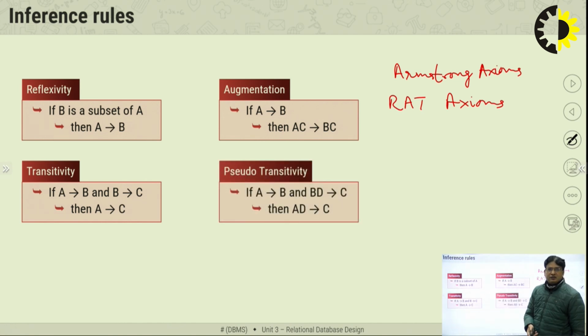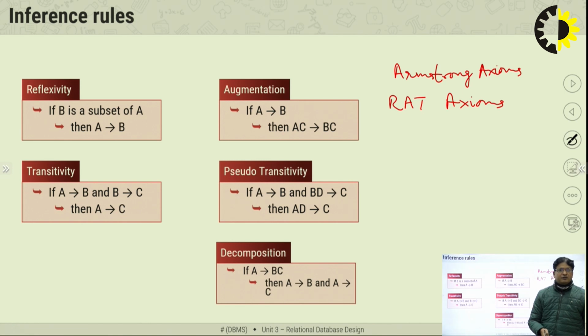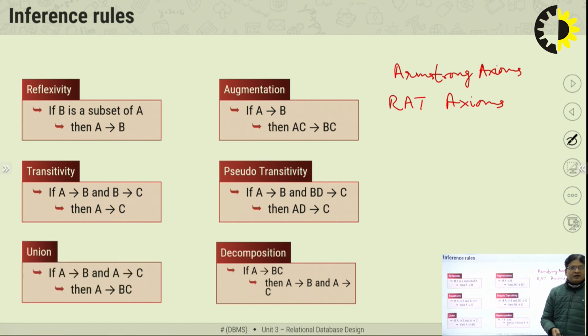Next rule is pseudo transitivity rule. If A determines B and BD determines C, then AD determines C. This is pseudo transitivity rule, a very important rule which is used in computing the closures. Next is decomposition rule and union rule.